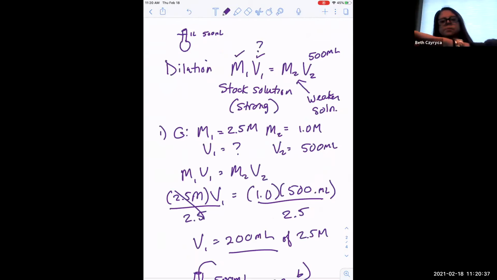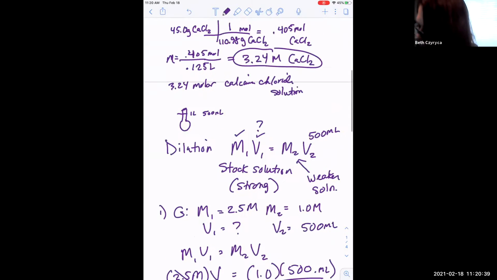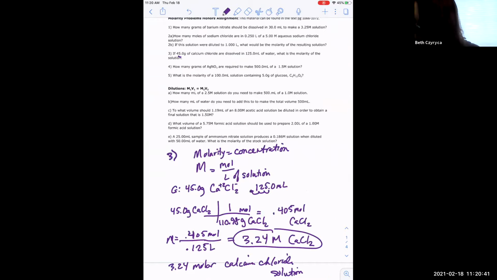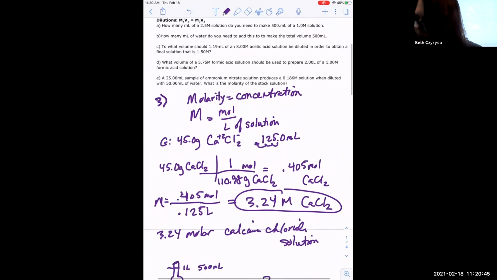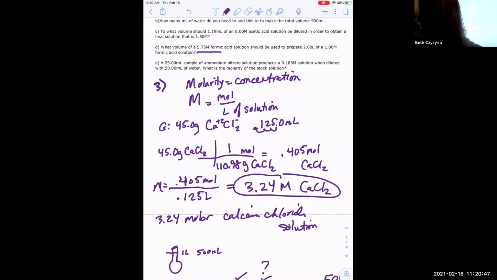Time check. 5 minutes. Maybe do one more quick problem. Yep, that's an easy one. What volume of a 5.75 molar formic acid solution should be used to prepare 2.00 liters of a 0.1 molar formic acid solution?